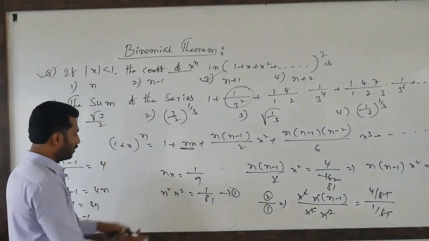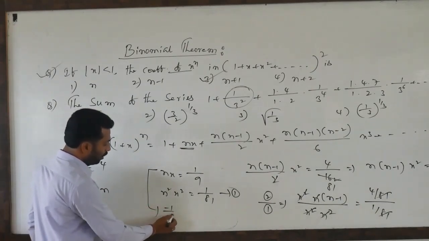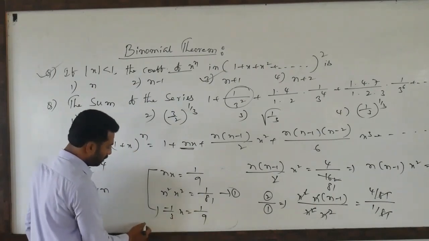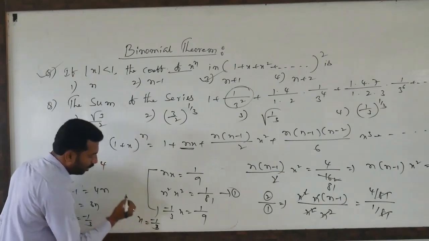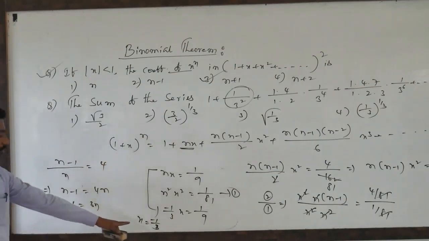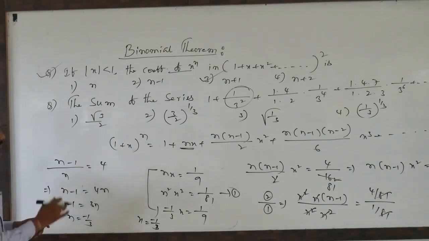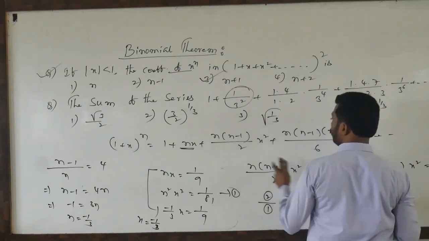n equals minus 1 by 3, you can substitute here. So minus 1 by 3 into x equals 1 by 9, 3 times cancel. So finally x is also minus 1 by 3. X value minus 1 by 3, n value minus 1 by 3. If I substitute here, what will we get?